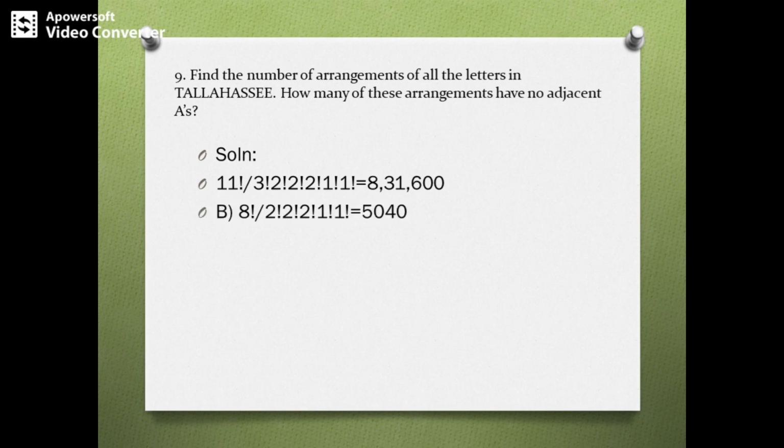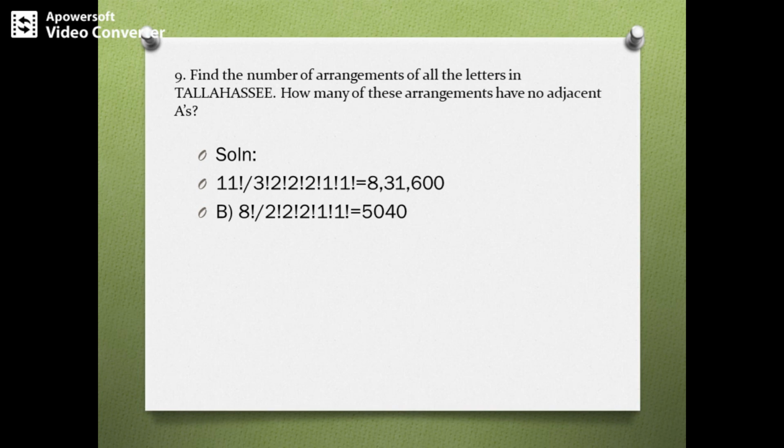Next we are supposed to find the arrangements having no adjacent A's. Once we exclude the A's, there are 3 A's, so if we remove these 3 A's out of the total 11 letters, we have 8 letters. We find the arrangement of these 8 letters, which can be done in 8 factorial ways, divided by the repetitions.